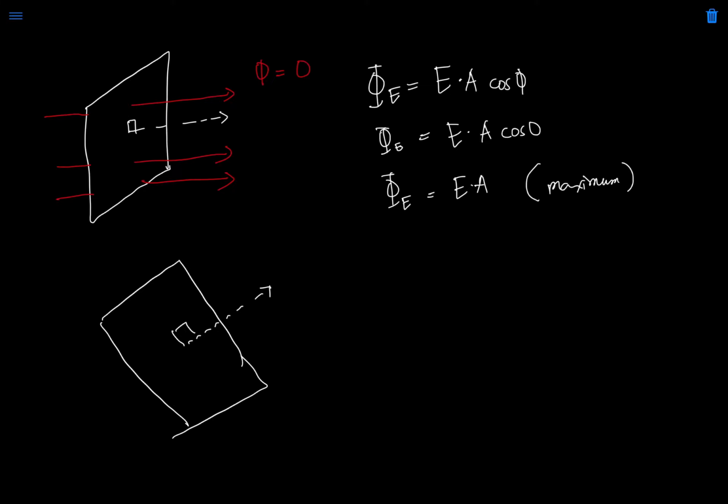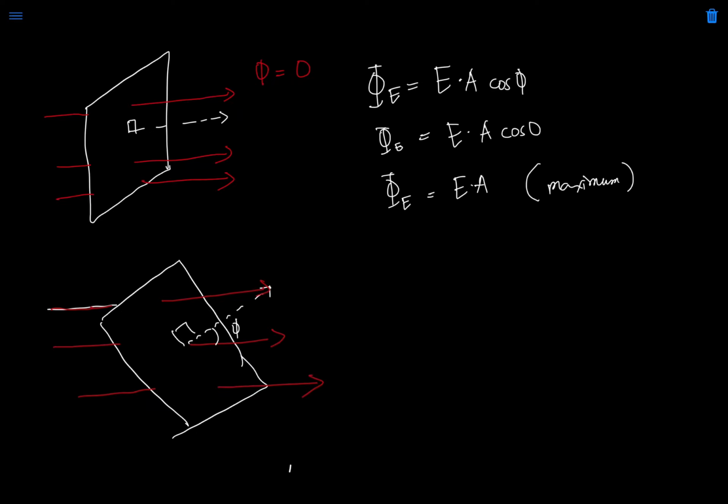Now if we did not change the orientation of the electric field that passes through it, let's draw it again. So we have electric fields. Now let's locate the angle phi, or the angle between the electric field lines and the normal line. So here will be the angle phi.